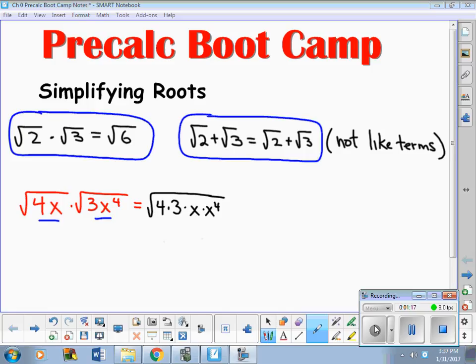All what's in the red can come together under one square root. We know the square root of 4 is 2. And we know the square root of x to the 4th is x squared. That's going to come outside of the square root, leaving behind 3x under the square root. And that is simplified all the way.